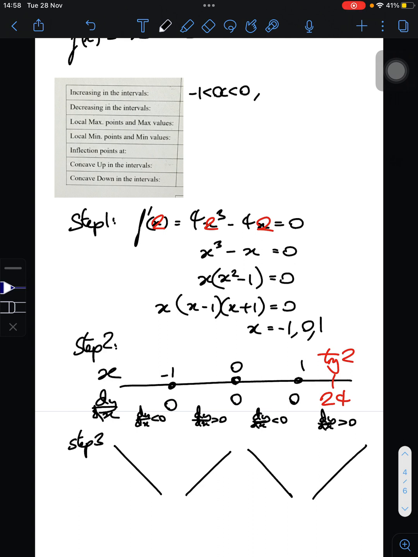It's also increasing when x is just greater than 1. Okay? Decreasing intervals, we're looking for the downward slope. So x is less than -1, and the other one there is x is between 0 and 1. So that's our first 2 stages of our grid filled out.